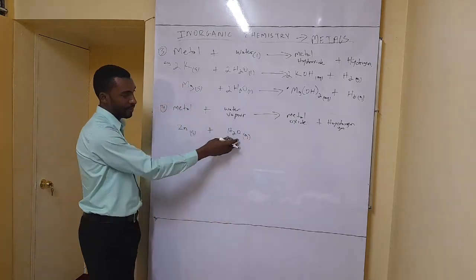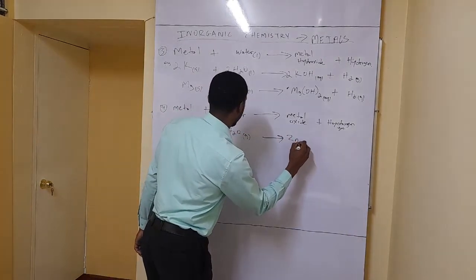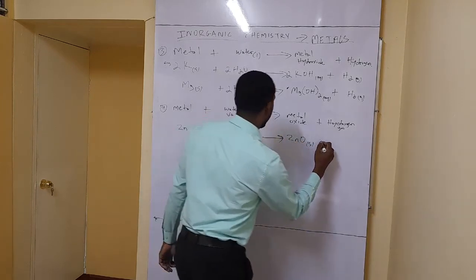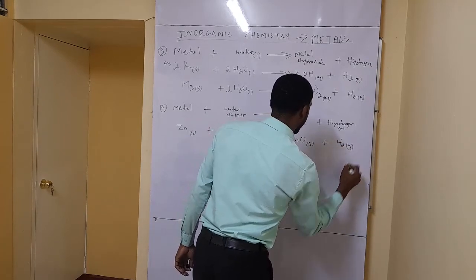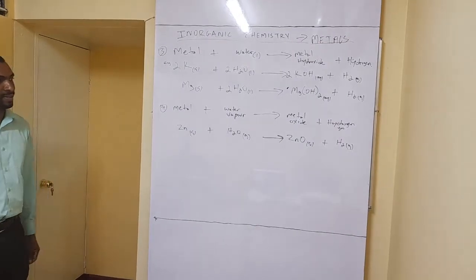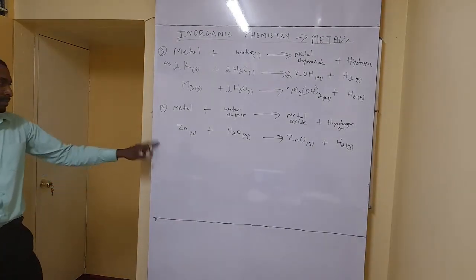Well, it's water vapor now, so the gas is there, right? This is going to produce ZnO solid plus hydrogen gas. And that's balanced as it is, it seems. Alright? So there it is.